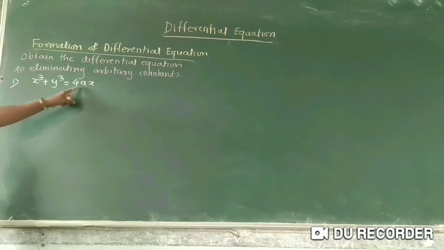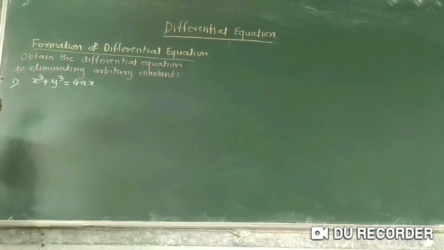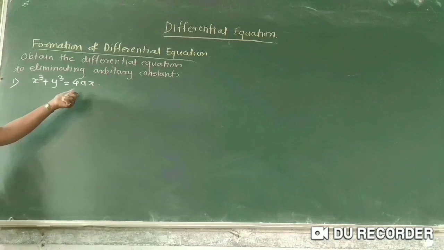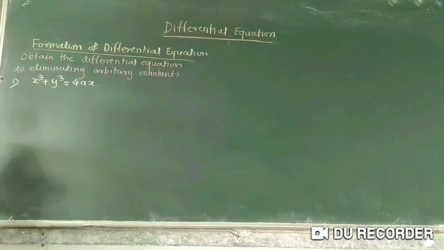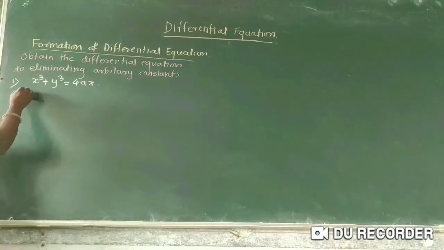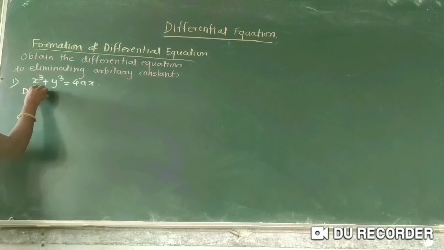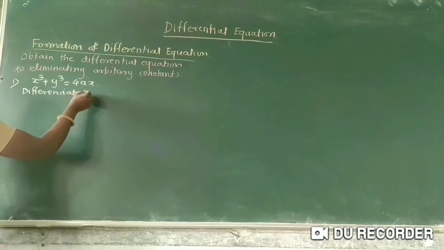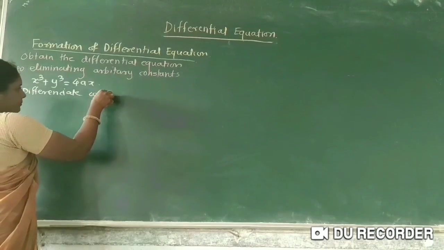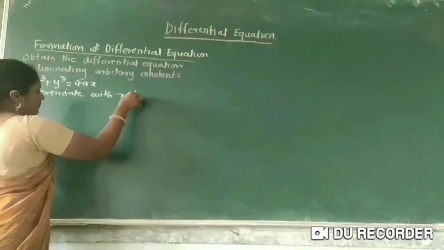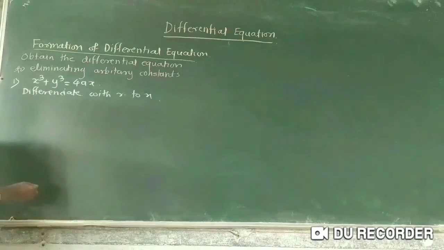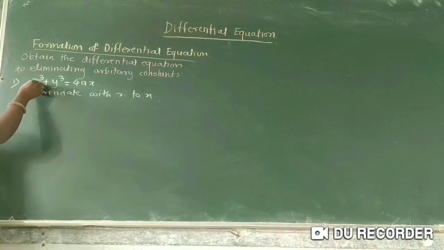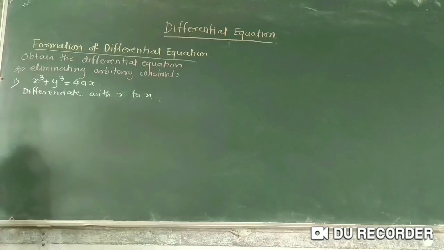Here in this equation, a is the one constant. Then we can differentiate one time, then we can eliminate this constant a. See here, differentiate with respect to x. We get derivative of x cube. What is the derivative of x cube?